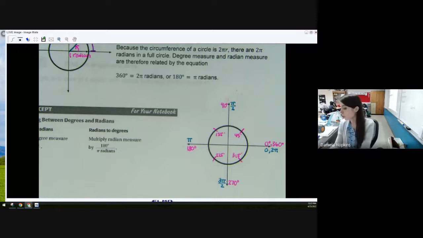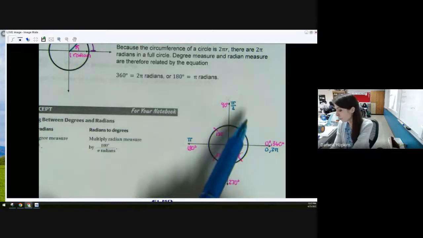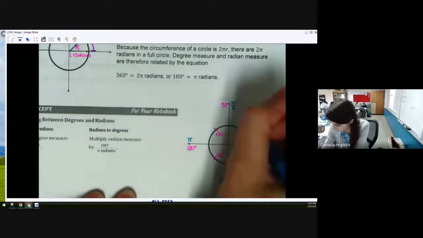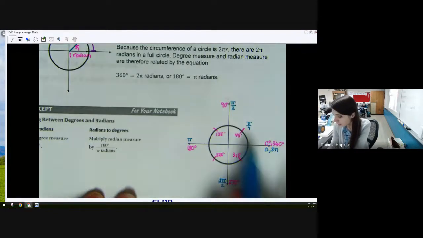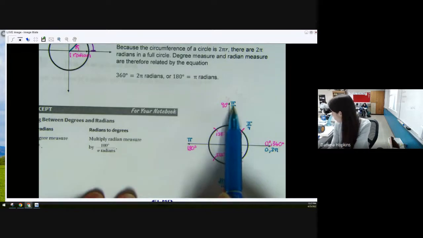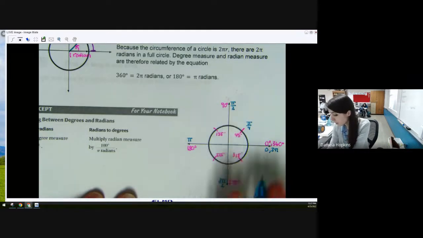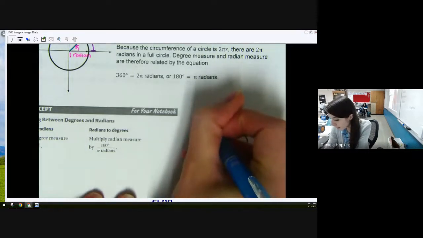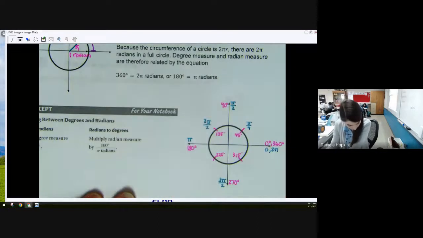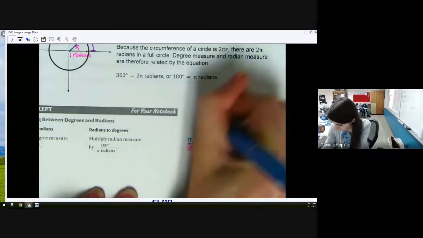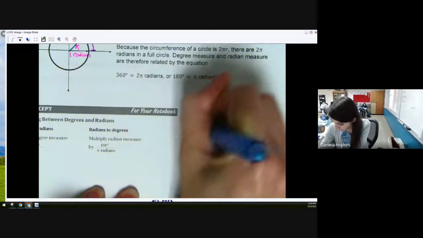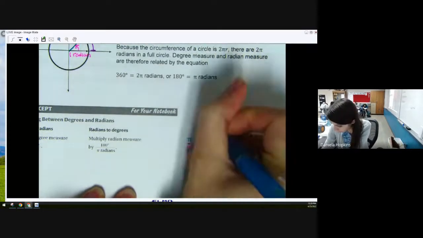So that's going around the circle and just adding pi over 2. Now let's go around the circle and add a fourth each time, so pi over 4. So 45 degrees corresponds with pi over 4. This would be 2 pi over 4, which is pi over 2. This would be 3 pi over 4, because we're adding fourths.